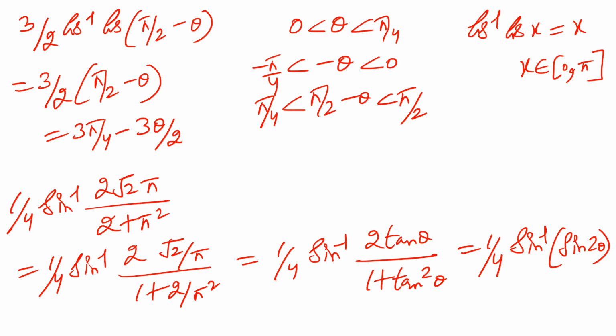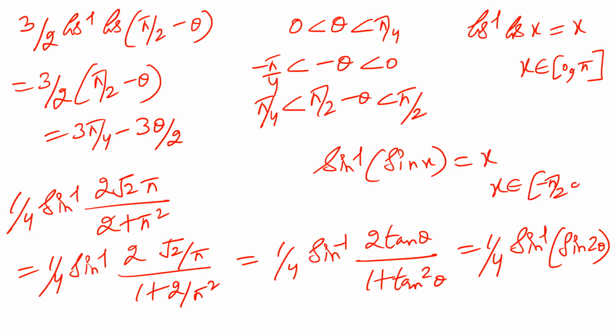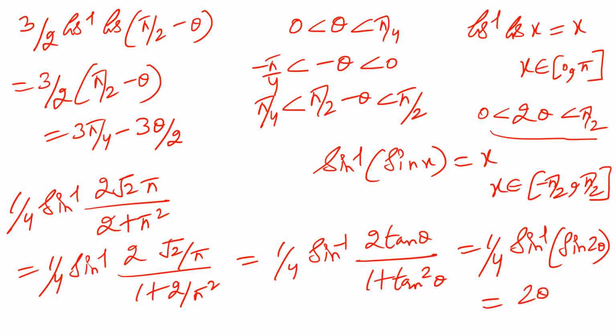And we know that sine inverse sine x is equal to x if x lies in closed minus pi by 2 to pi by 2. And since 2 theta is lying between 0 to pi by 2, so obviously 2 theta satisfies this particular interval. So that means this is nothing but 2 theta upon 4 or just theta by 2.